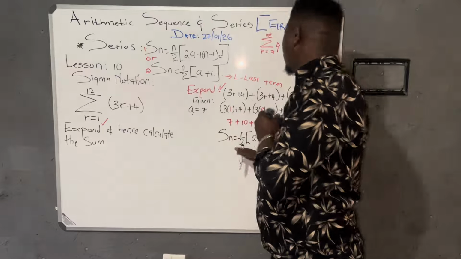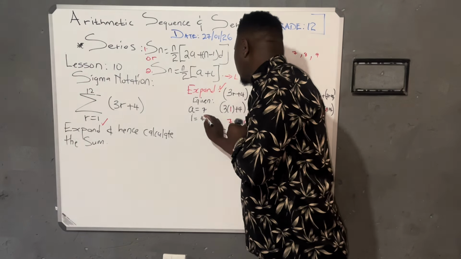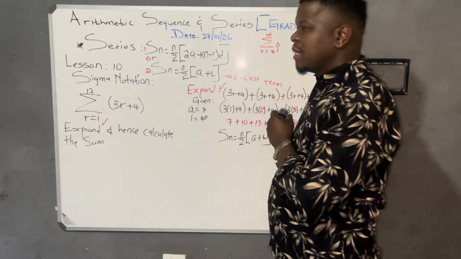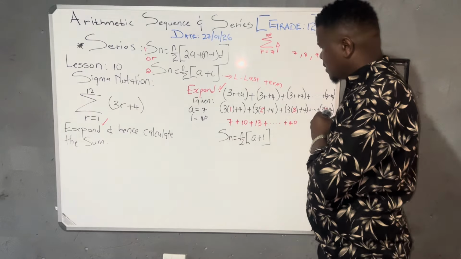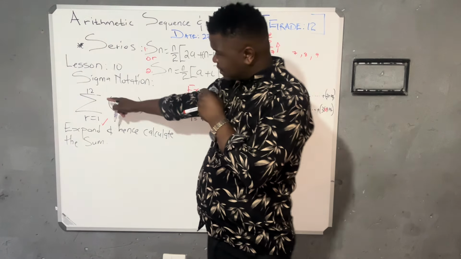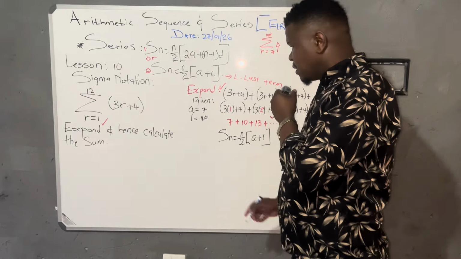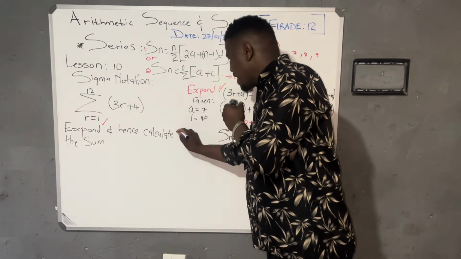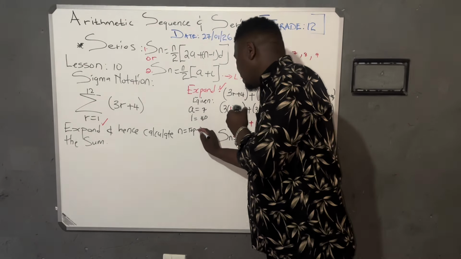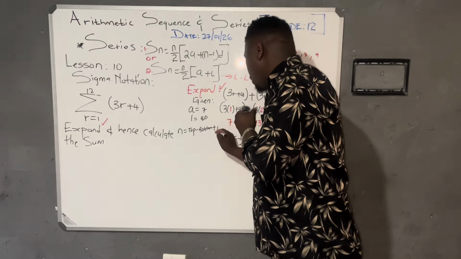Even if there's no need to find D, as you can see. But I will say L is 40. Now, what is N? N is missing. I always tell learners that N is not always this number. We have a formula to calculate N. What is that formula? It says N equals top minus bottom plus 1.